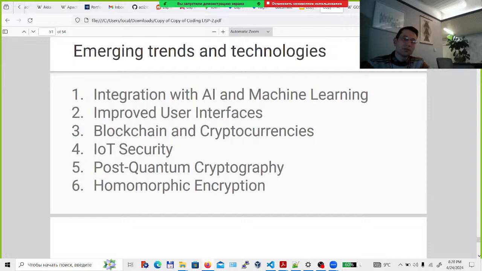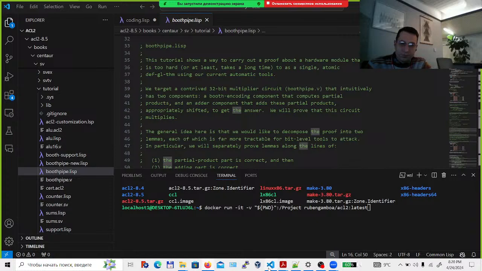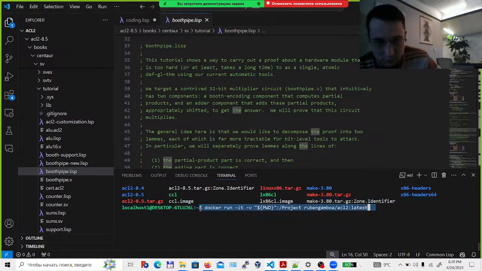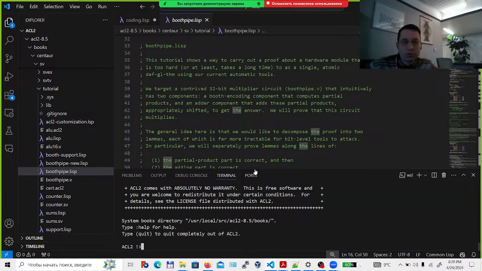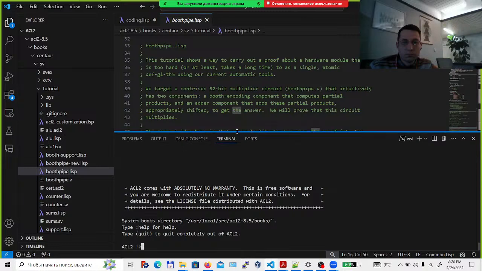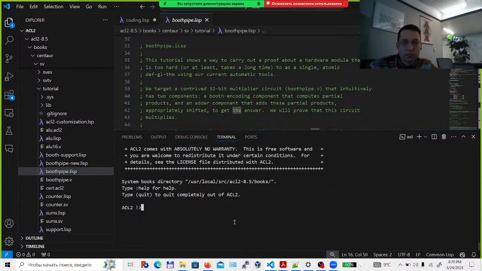Another thing is an improved user interface. As you can see, ACL2 is just a read-evaluation loop inside the terminal.